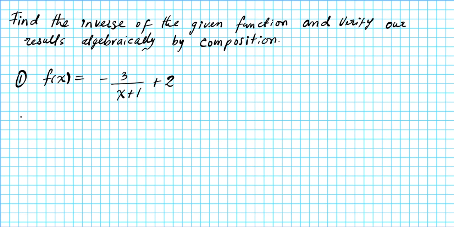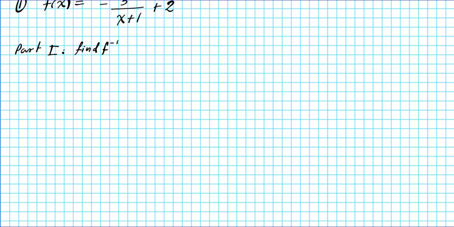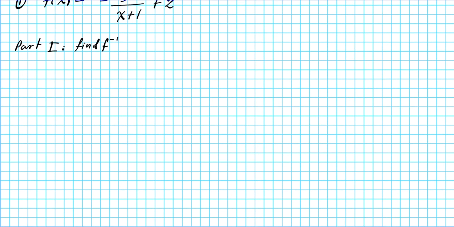Let's start by taking a look at part 1 of the whole process. In part 1, we are to find the inverse of f. So what we're going to start with is the original function, which is f of x equals -3 divided by x plus 1, plus 2.